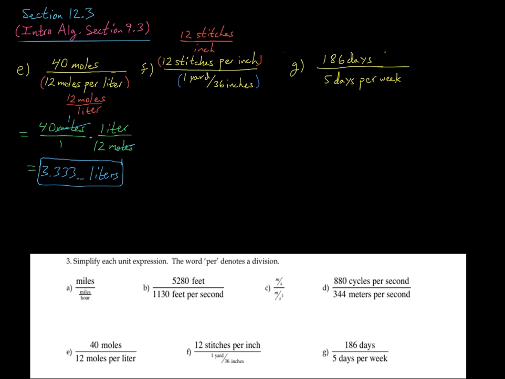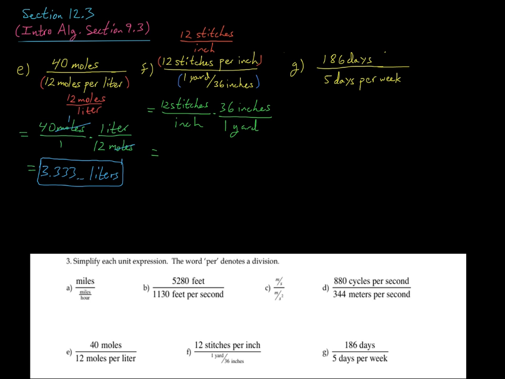So when I go to divide, I'm going to take my 12 stitches per inch and multiply that with the reciprocal of what I have down here, and that's going to be 36 inches divided by 1 yard.